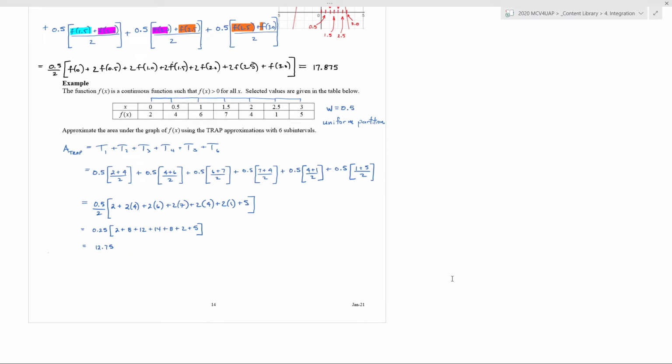And the relationship between the trapezoidal approximation and the LRAM and RRAM is that the trapezoidal approximation is the average of LRAM and RRAM as long as it's the same number of subintervals. So those 4 methods you are responsible to know for the AP exam.